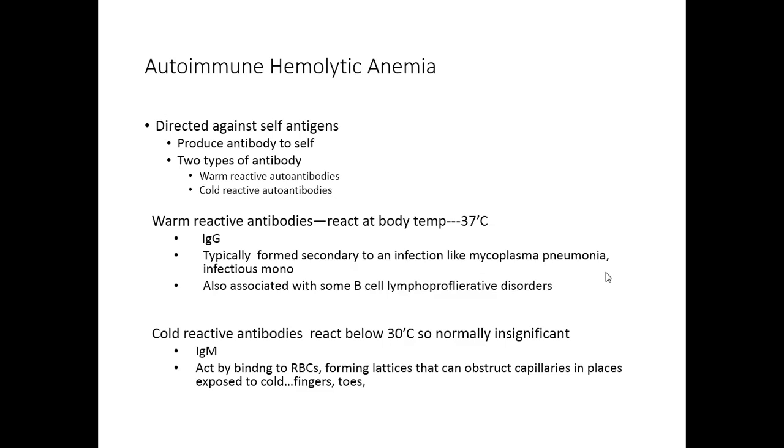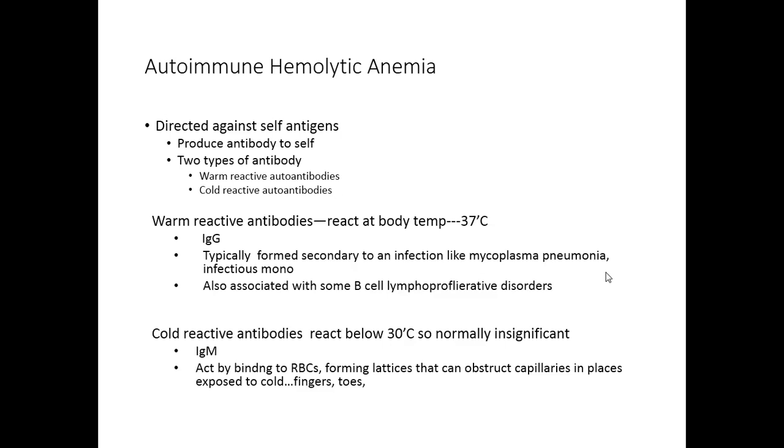You can produce two different kinds of antibodies, either warm reactive or cold reactive autoantibodies. Warm reactive do exactly what they say. They react at body temperature, 37 degrees. They're class IgG, and they're typically formed secondary to something else. You don't just all of a sudden develop autoimmune antibodies.